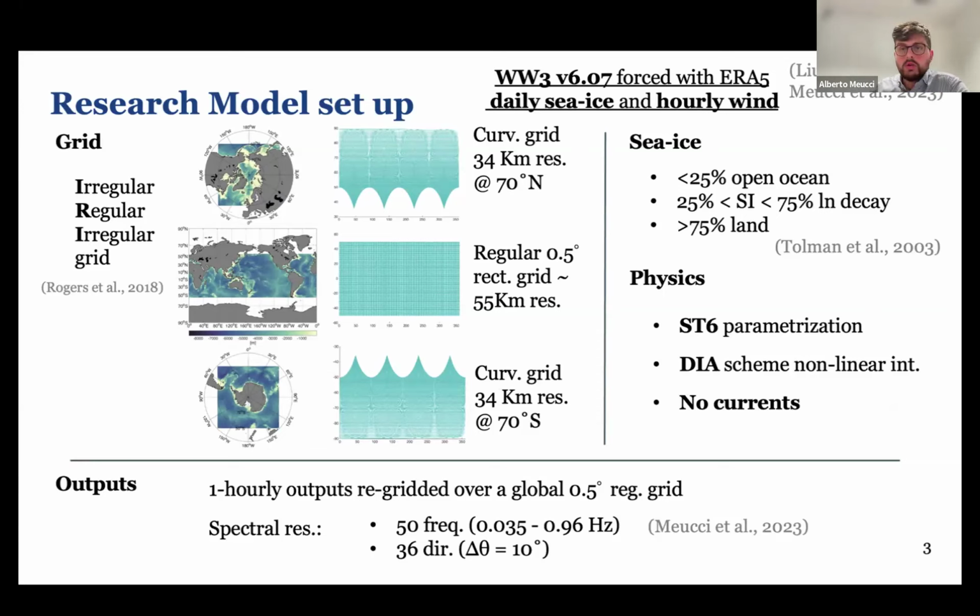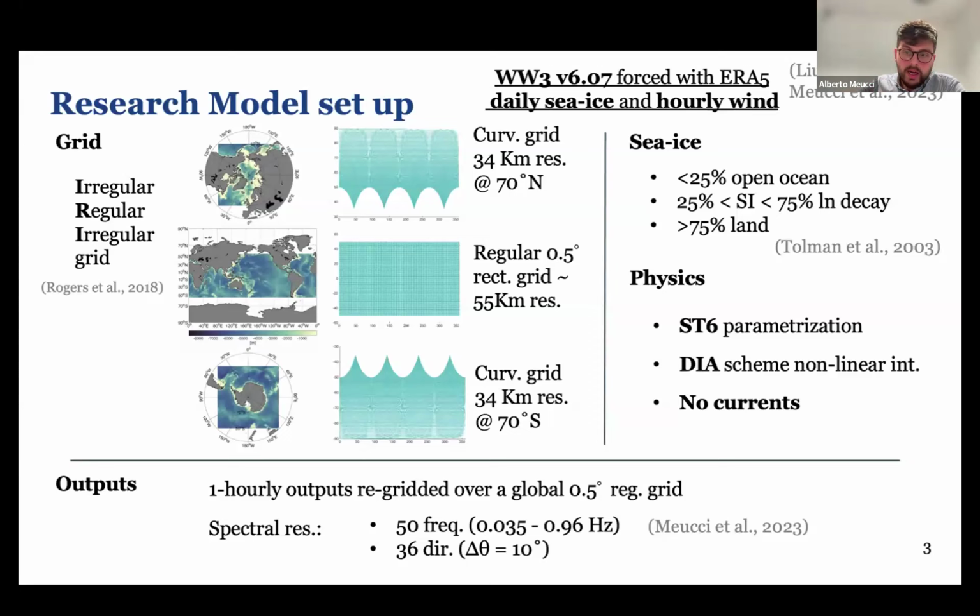In this case, we also use this one to evaluate some of these ETC conditions. We used ERA5 as wind, with hourly wind forcing and daily sea ice. We used a simple sea ice scheme from Tolman et al. 2003. Then we mainly focus on an ST6 parameterization for the physics with a DIA scheme for nonlinear interaction.